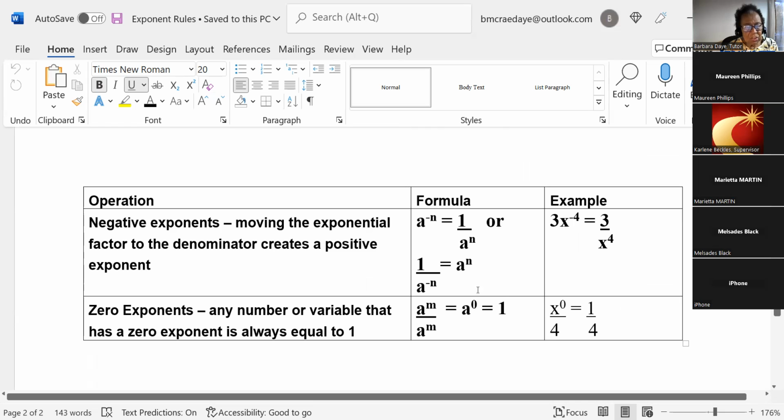So a to the 0 is 1. 5 to the 0 is 1. 1,000 to the 0 power is 1. Any number or variable with a 0 exponent is equal to 1. Okay, very important rule. Okay, any questions on anything we've gone over?